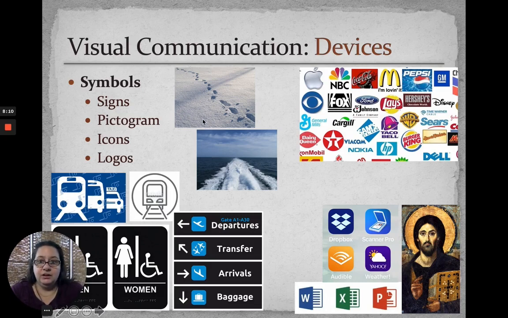Signs show evidence of the object without showing the object itself. The examples here are the tracks in the snow. I see the tracks in the snow and I infer a person. I see the wake of a boat, I infer a boat, but I don't need to see the person or the boat to be aware of those objects. I see the evidence of those objects and it leads me to think about them. That's important to consider. Signs are not as direct.